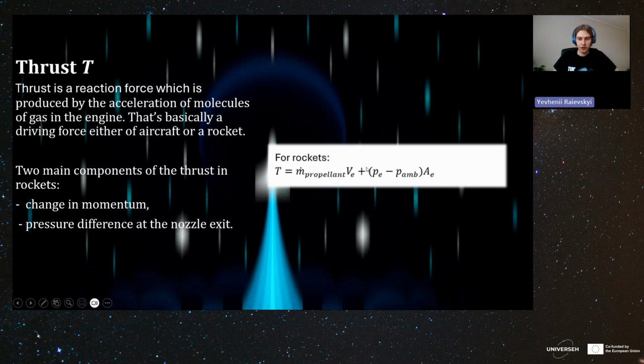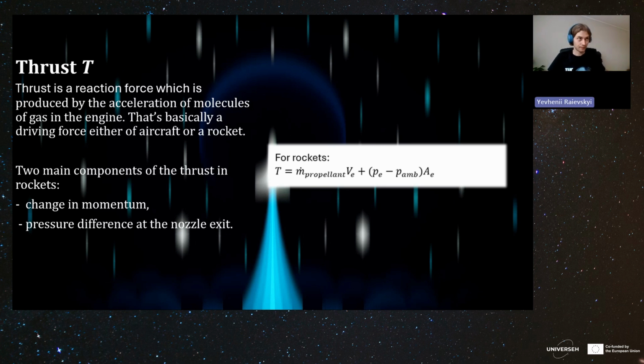And this pressure difference also contributes to the general thrust, because we know from the definition that pressure is the force acting on some area, P equals F over A. And if we write it in a different way, force is equal to pressure times area. So this is basically the change in the forces acting on the ambient side and the exit side.